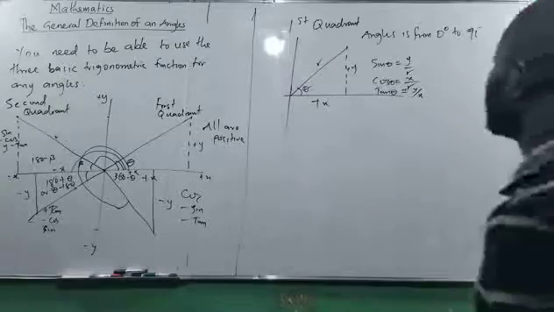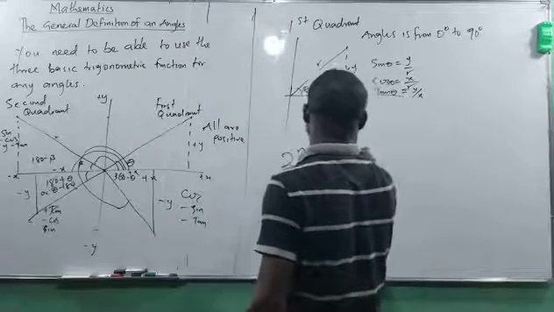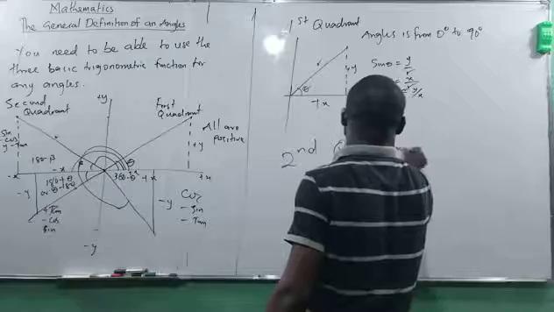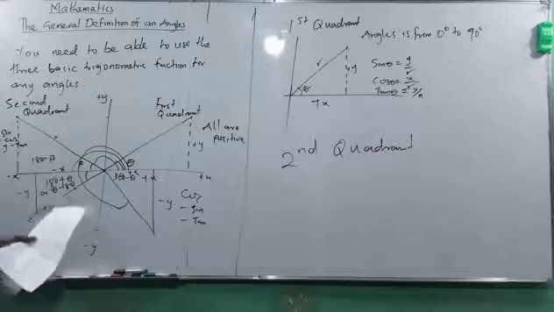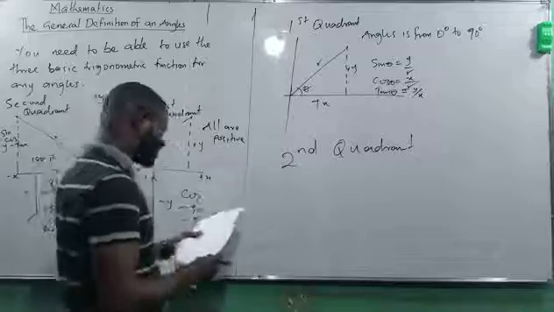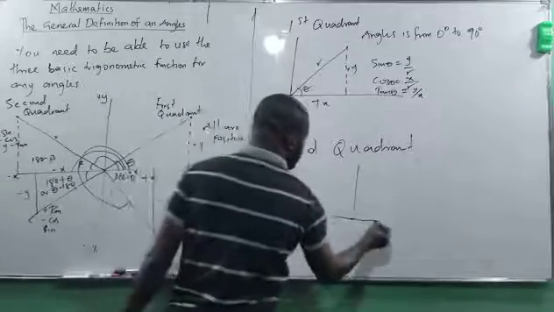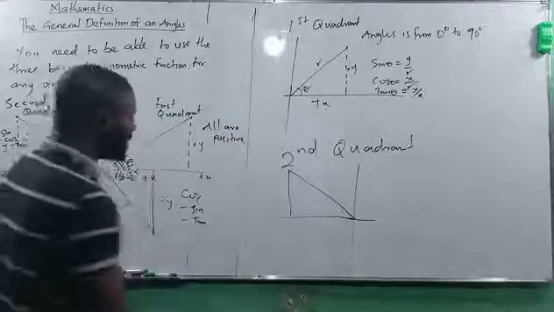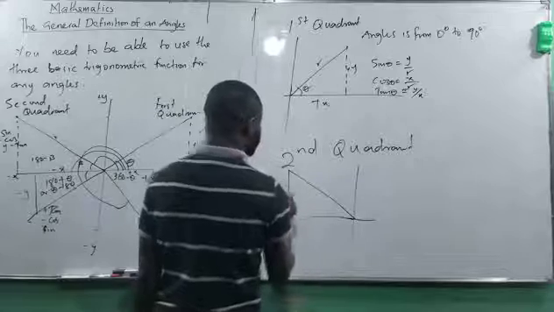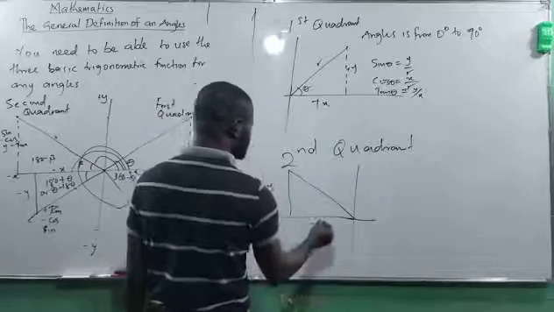Now the second thing we need to work on is the second quadrant. The second quadrant is just this part. When we talk about the second quadrant, we are moving on this side. We all know that this is minus x, this is positive y. Let me put it like this.